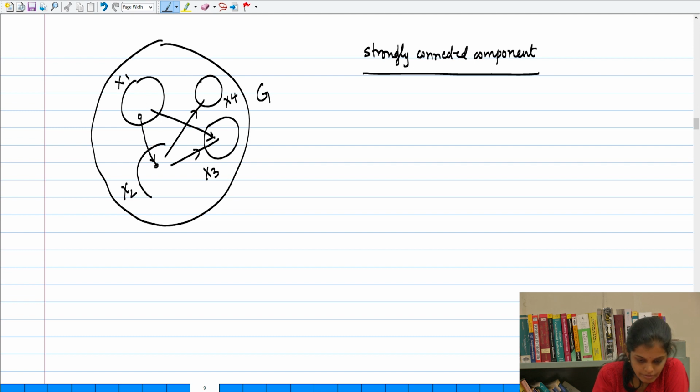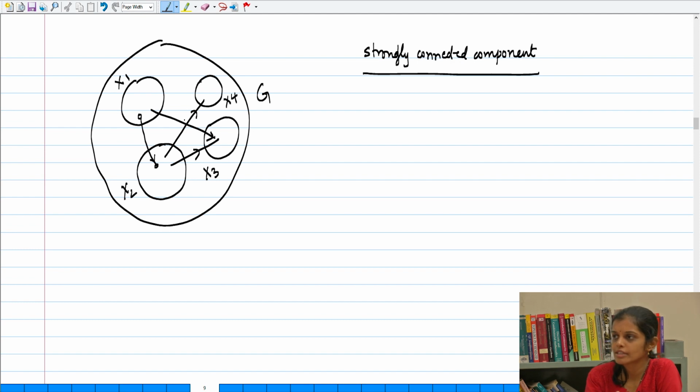I can have edges going from X2 to X4, but then I cannot have an edge coming from X4 to X2. Similarly, I could have had an edge from X4 to X2, but then I should delete the edge from X2 to X4. So what kind of structure do you see on this meta graph?